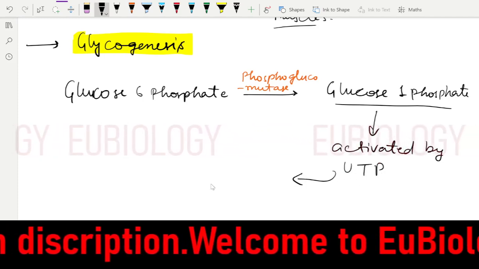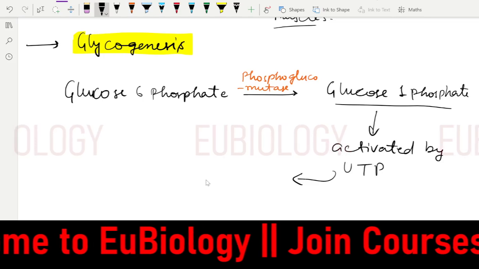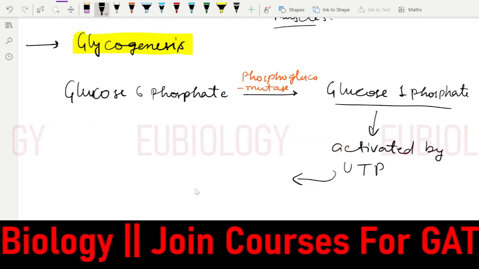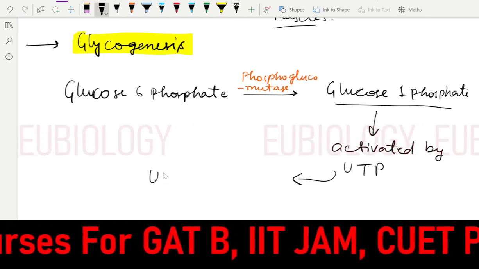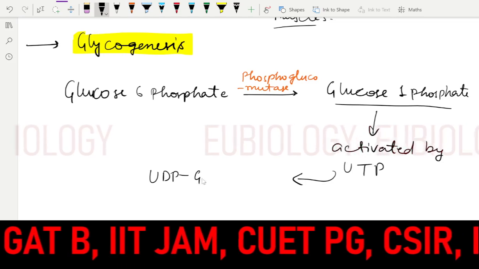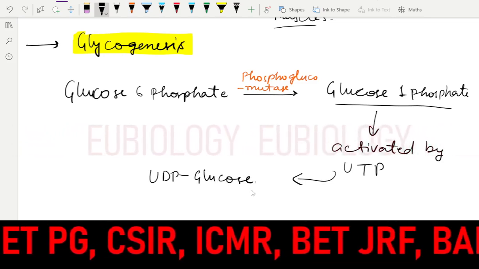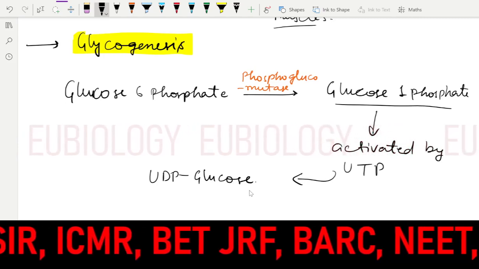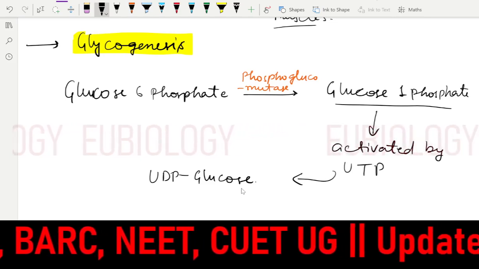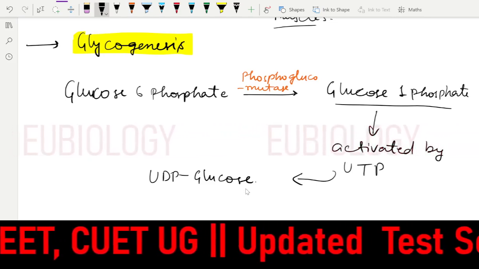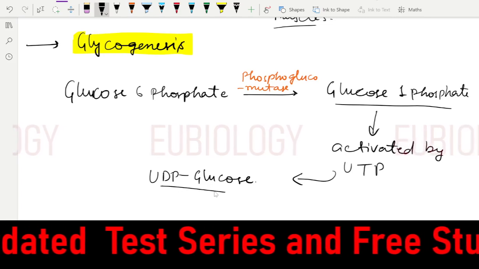Now it will give you the activated UDP glucose. So finally, you will get UDP glucose.